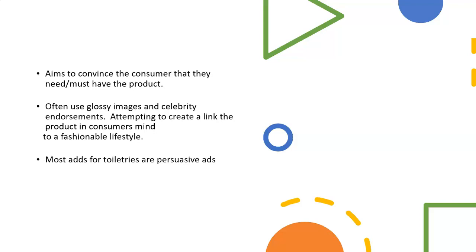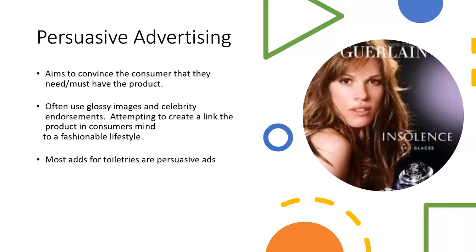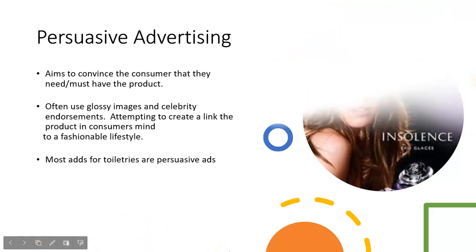Most ads for toiletries are persuasive advertisements. That's called persuasive advertisements, and that's the persuasive advertisement here. It's a product used for women. It's very good. So let's proceed to the next slide.